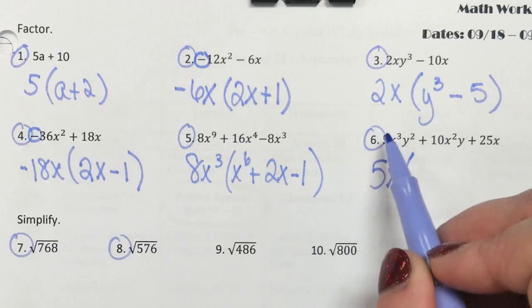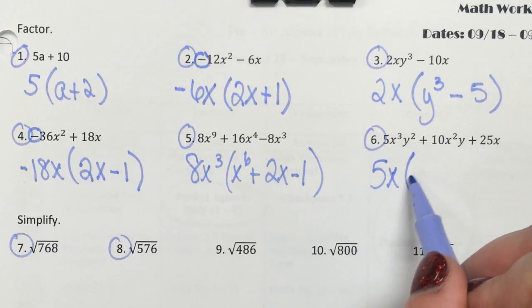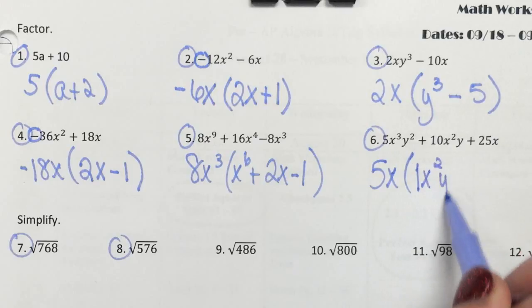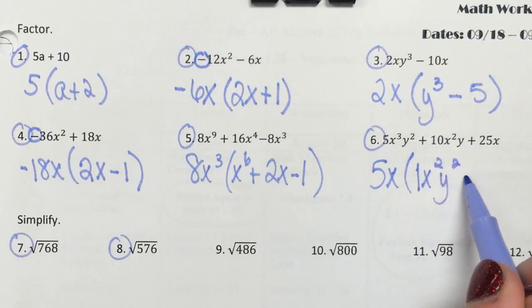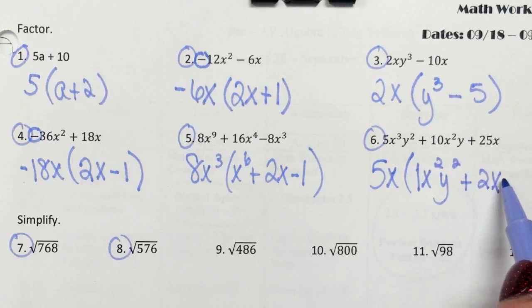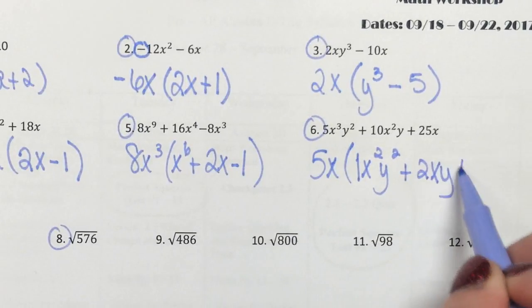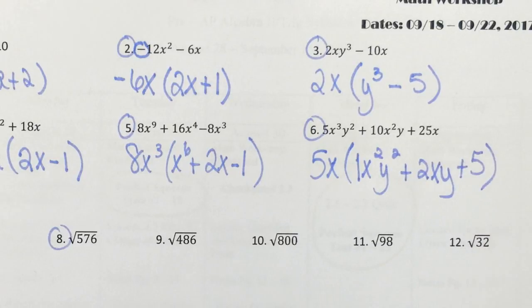Everybody together. How much is 5 divided by 5? 1. And then how many X's do I have left? 2. How many Y's do I have? 2. What's 10 divided by 5? 2. How many X's? 1. How many Y's? 1. What's 25 divided by 5? 5. How many X's? 0. None. Right, y'all okay?